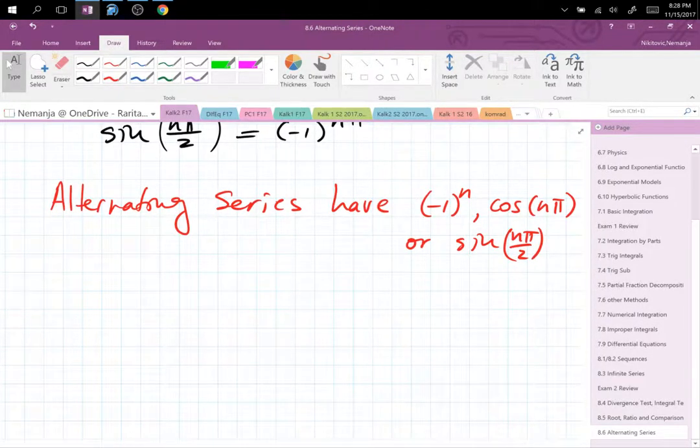Now, the theorem for alternating series goes like this.